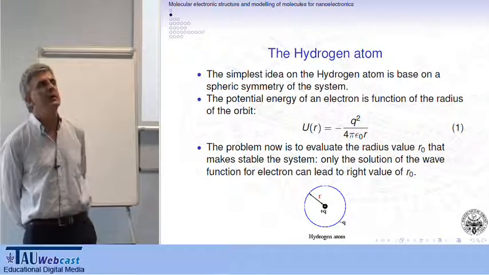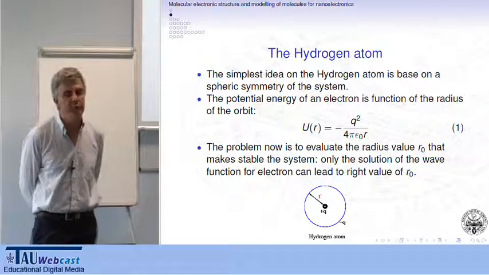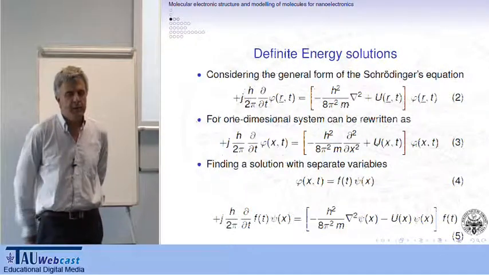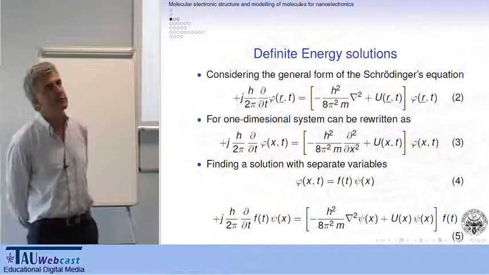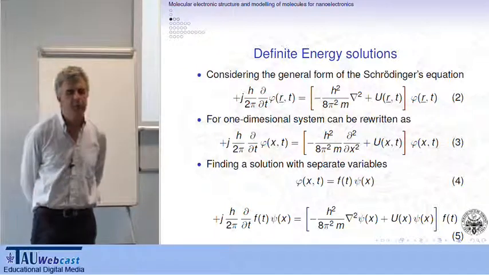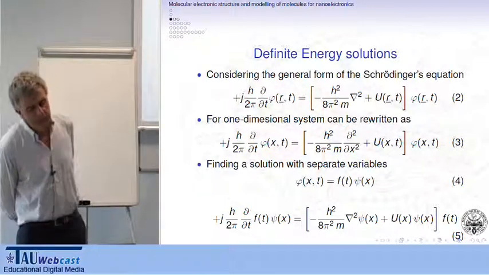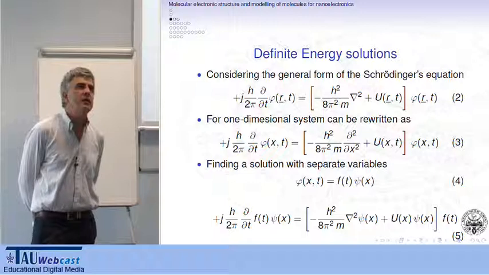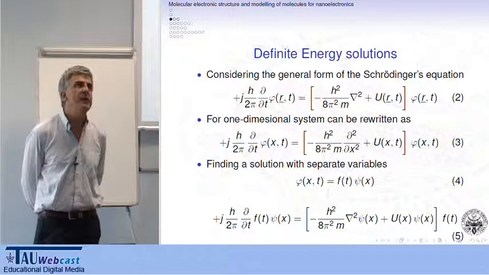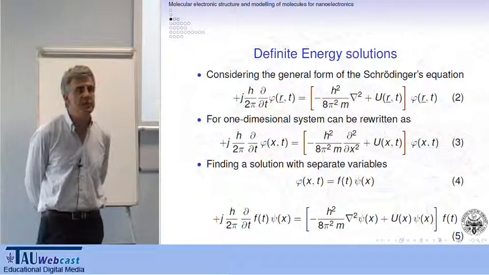But you know that the electrons can be described only in terms of a wave function. The wave function can be evaluated starting from the Schrödinger equation. The Schrödinger equation is a well-known equation that you have studied, and you know that it is generally solved by separating the dependency of the wave function on the energy and the time.